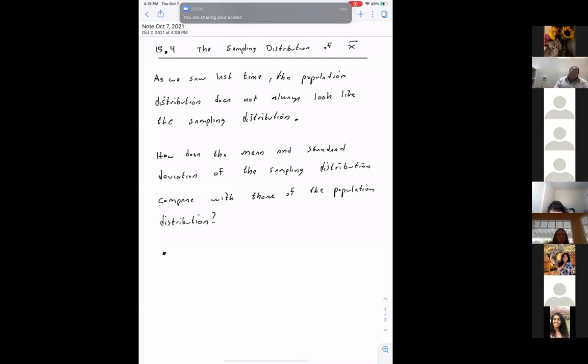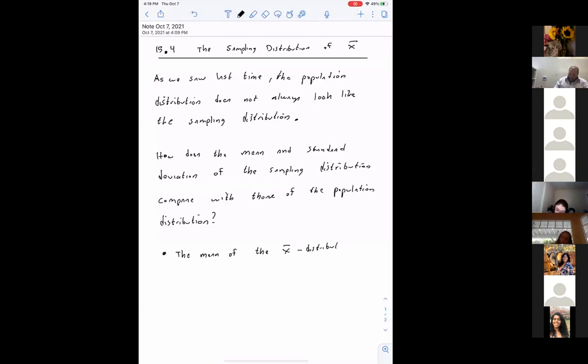So, point one, the mean of the X bar distribution is the same as the mean of the X distribution, the original data.